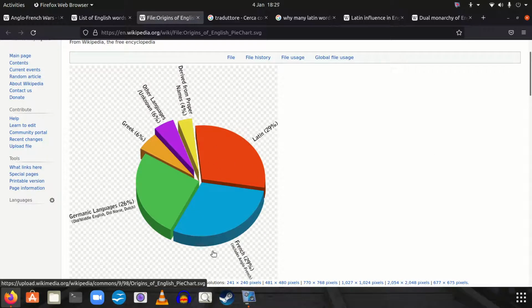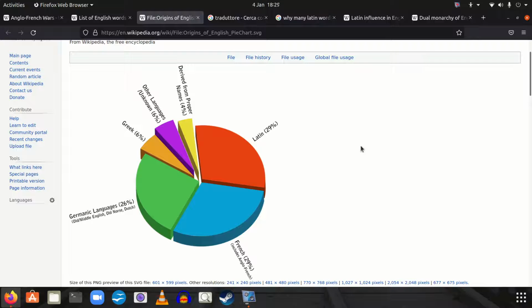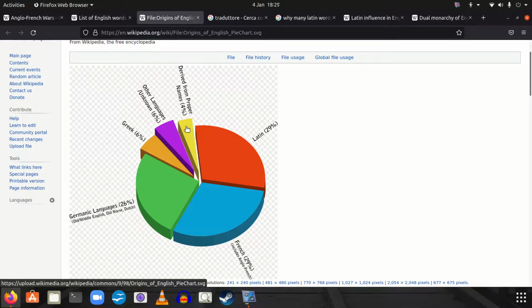When you open the English dictionary, 29% of the words are originally from Latin and the other 29% from the French, so the 58%. Then we have also other little parts, other languages, Greek 6%.